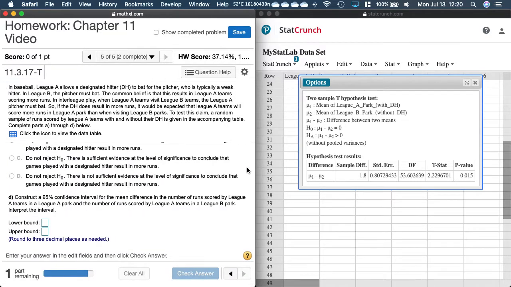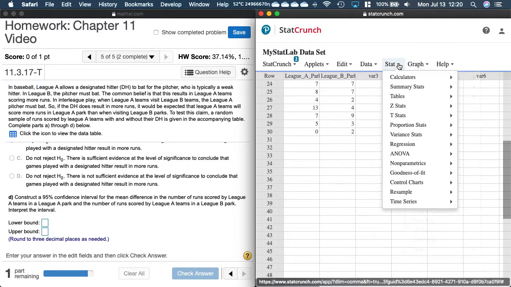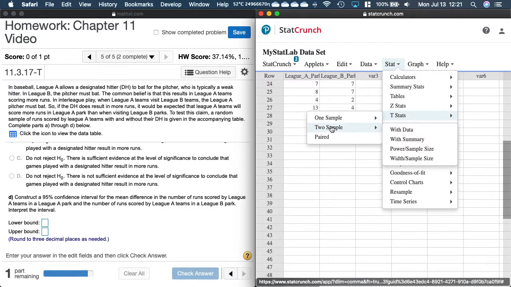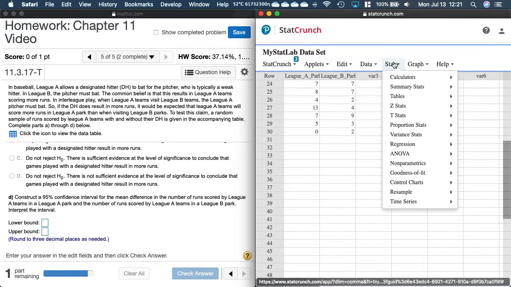All right, so we'll go ahead now and perform our confidence interval. I'll get rid of that. So Stat, T Stats, and notice here we're using the two sample because they're independent. You choose the other one when they're dependent. So we want this one with data.